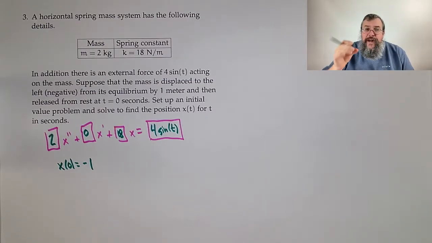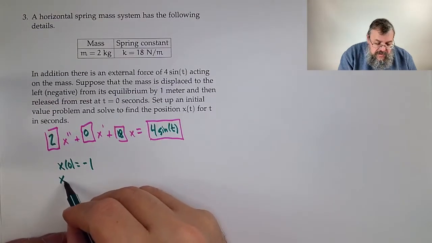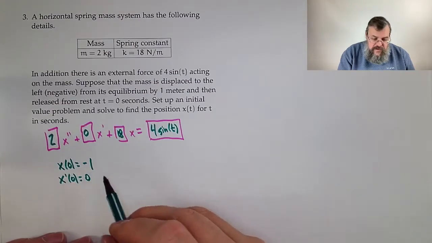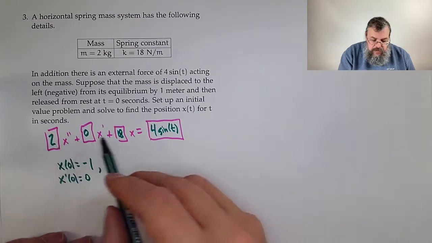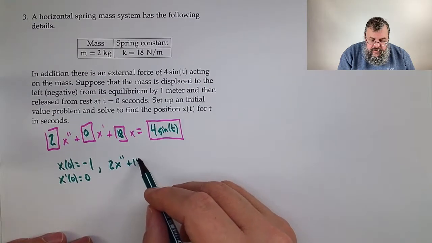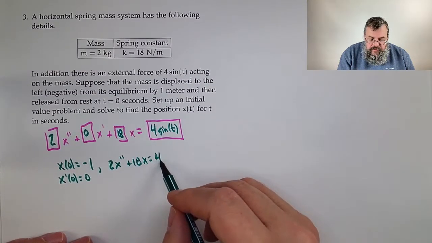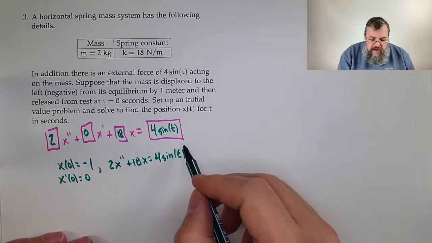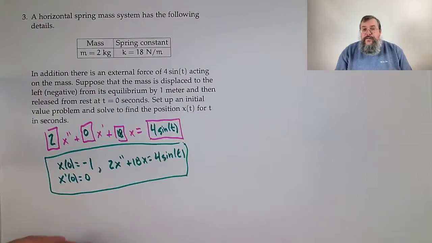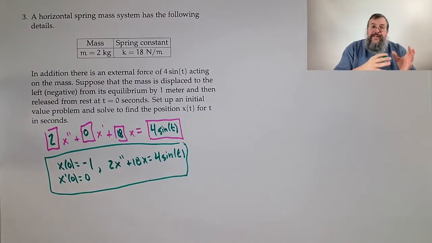What does it mean to be at rest? It means we're not moving. So if we're not moving, that says x prime of 0 is equal to 0. So those are our initial conditions, and we'll rewrite this a little bit cleaner. 2x double prime plus 18x equals 4 sine t. So that's part of our answer. Now, of course, we could divide through by 2, and we'll do that in just a second. But in terms of the setup, that's what we need to do.